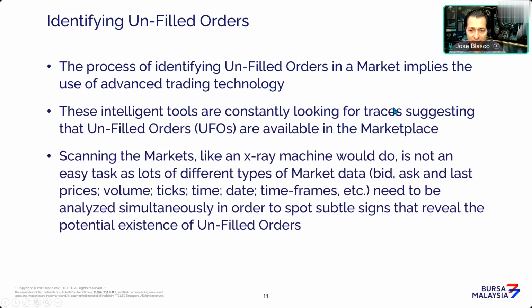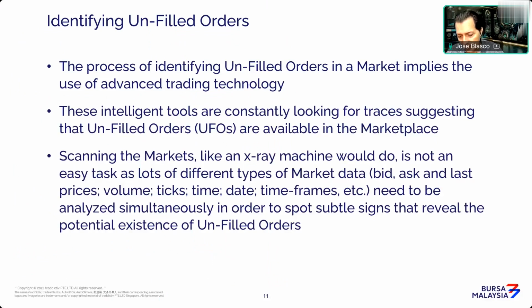Again, we need to analyze all sorts of market data, be it bid prices, ask prices, last prices, volume, tick prices, time of day, time frames, ratios, such as how much volume that candle got versus how many ticks, how many up ticks, how many down ticks, how much up volume, how much down volume. All this type of information cannot be processed by the human eye, even if you had the whole day. We cannot see that on a candlestick chart.